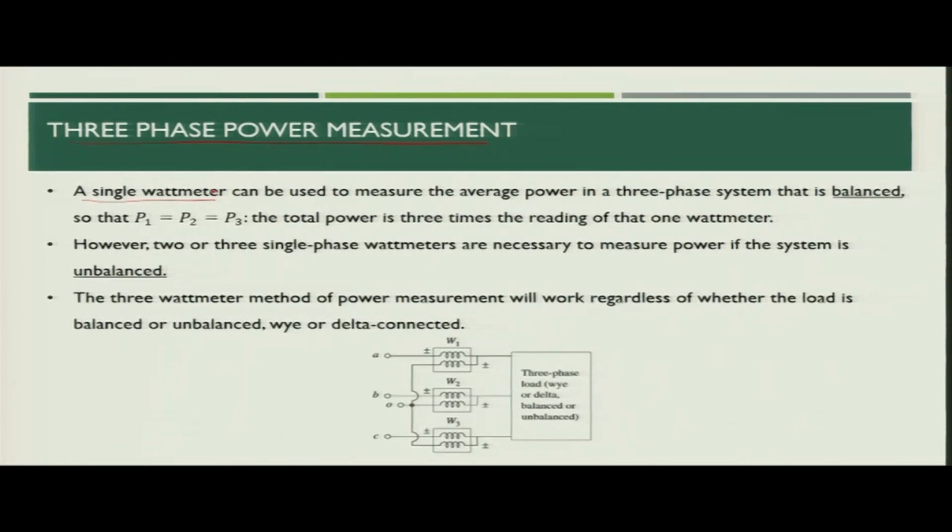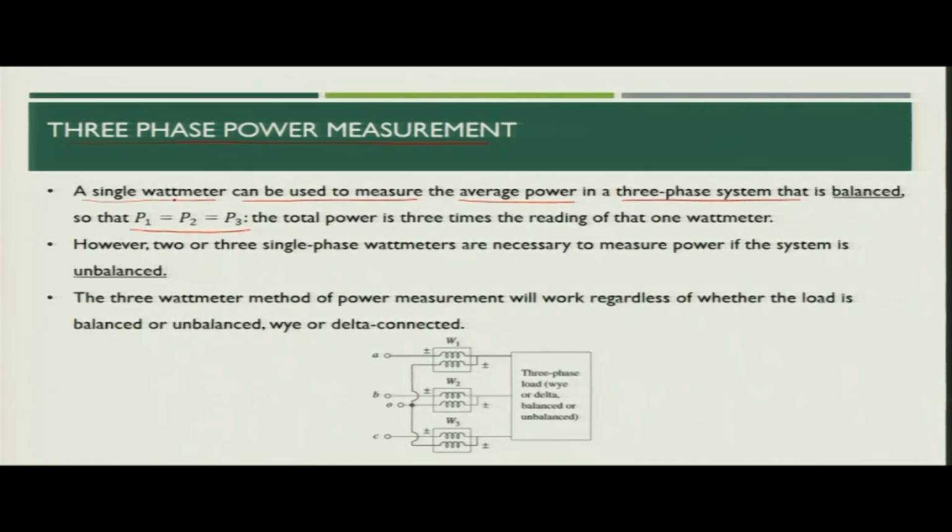So, if we use the wattmeter in case of balanced system, a single wattmeter can be used to measure the average power in a 3 phase system, because when we have the system completely balanced, the power in each phase will be equal.